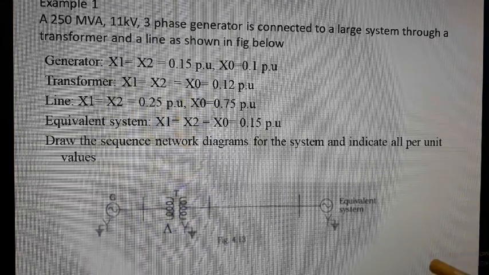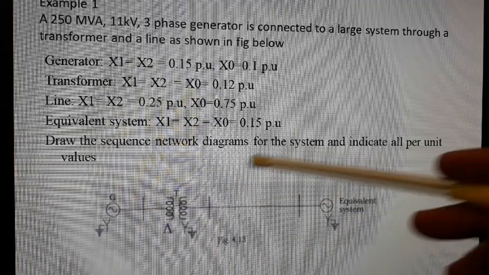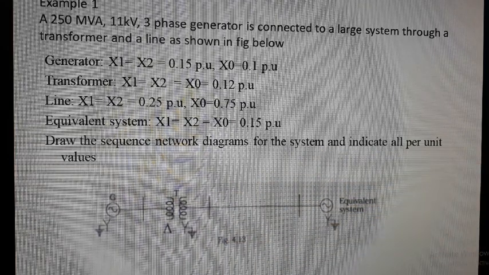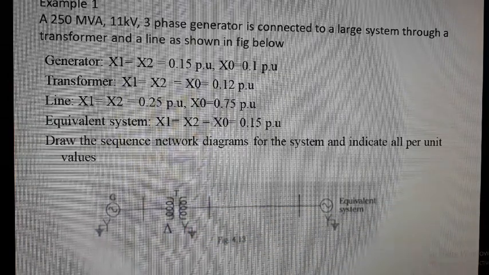First we have to write the positive sequence network, then the negative sequence diagram, and then the zero sequence diagram. In order to write the positive sequence diagram for this system, we must know how to write the reactance diagram for each component of the power system.